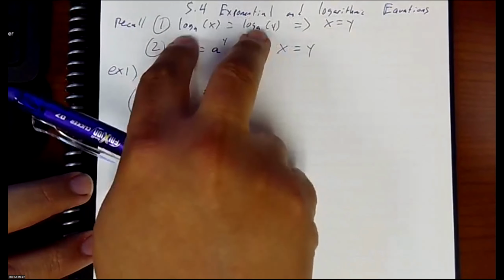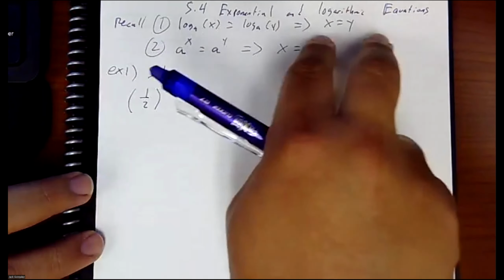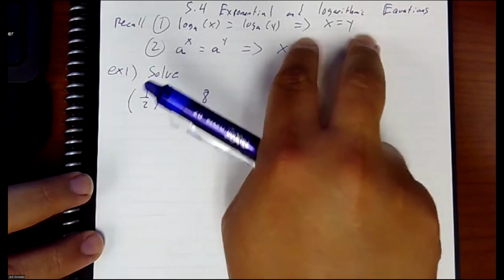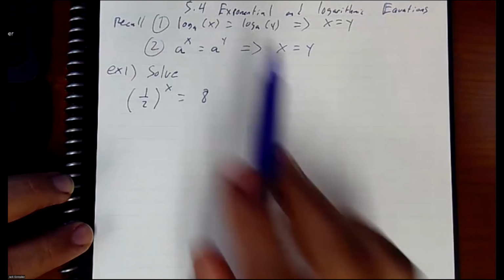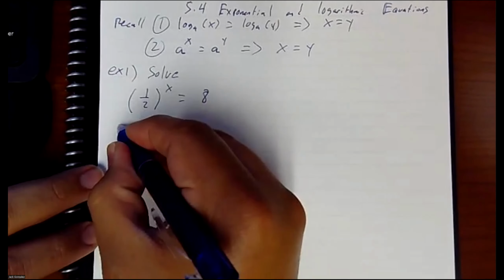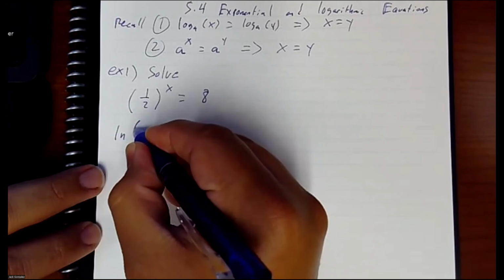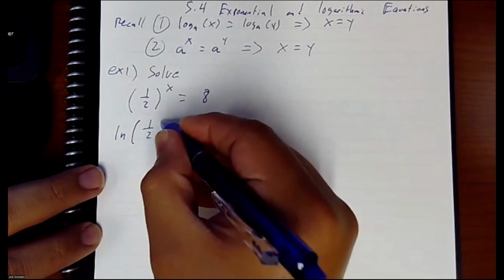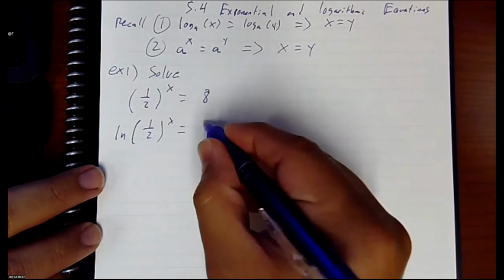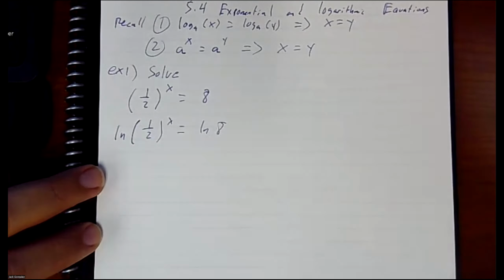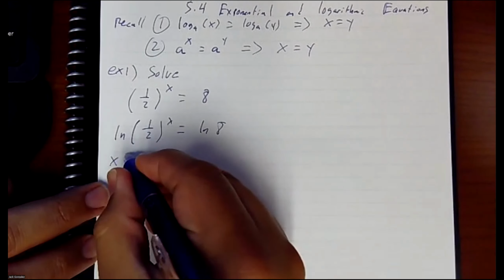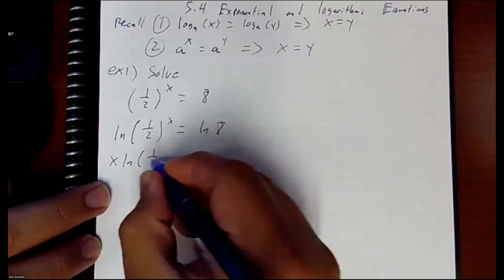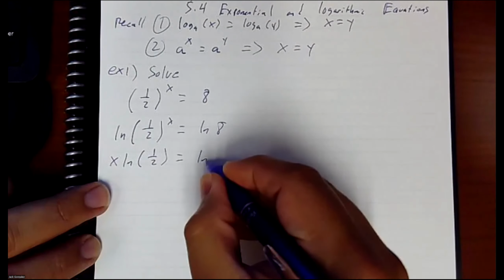If you already have logs that are equal, you can set the arguments equal to each other. So I'm going to go from this direction to here. I'm purposely going to choose ln and do it to both sides. Then I'm going to bring down the x because I need to solve for x.